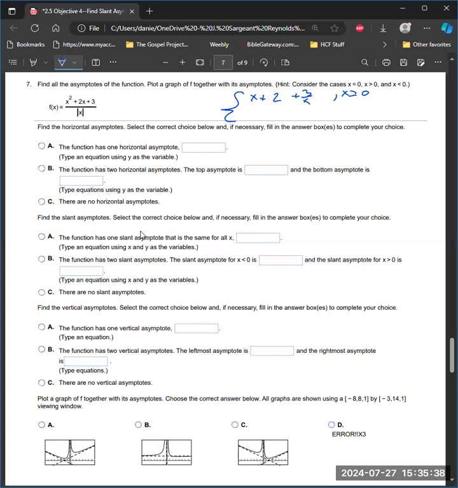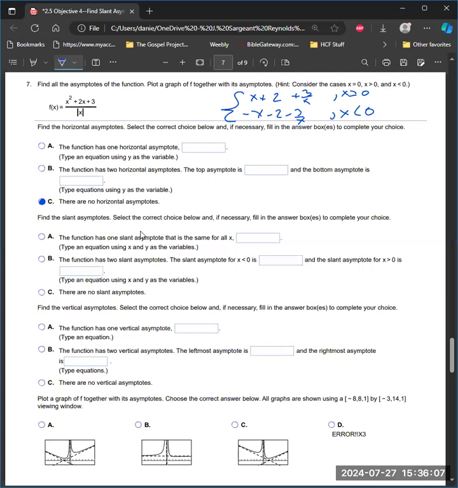And this is the same thing as -x minus 2 minus 3/x when x is less than 0. So let's go ahead and look at it, it's going to have two different slant asymptotes here. Has no horizontal asymptote.